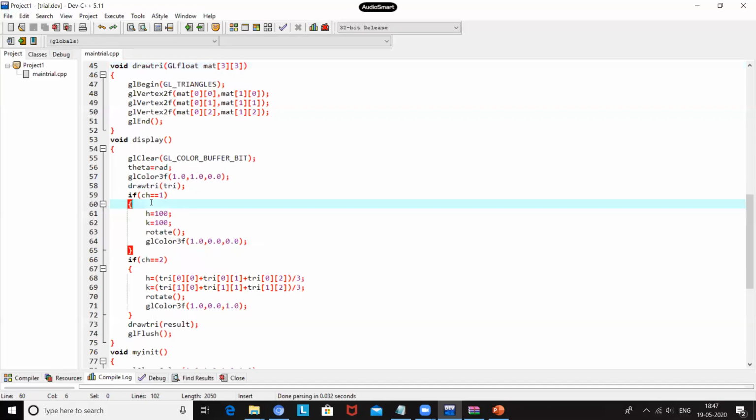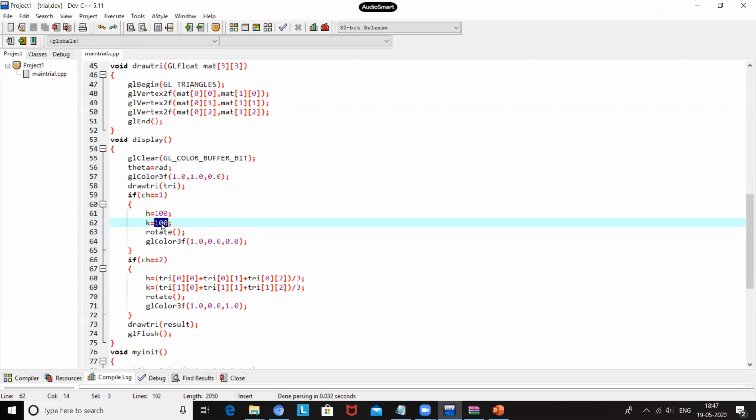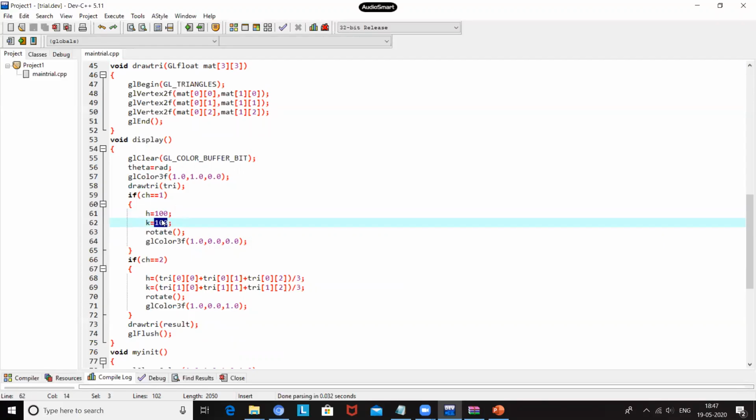Next, if the choice the user has given is the fixed point, then we rotate the triangle about some fixed point. The x coordinate of that fixed point we are giving as 100, and the y coordinate of the fixed point is also 100.